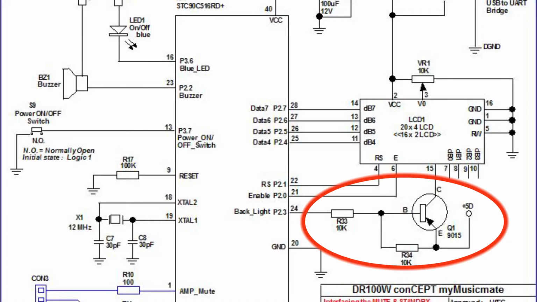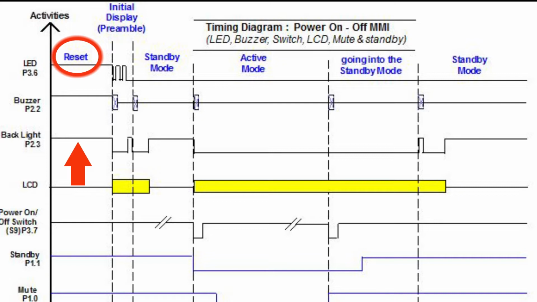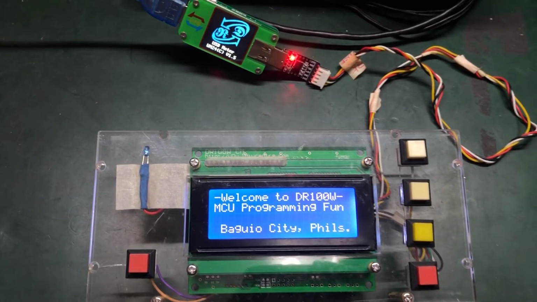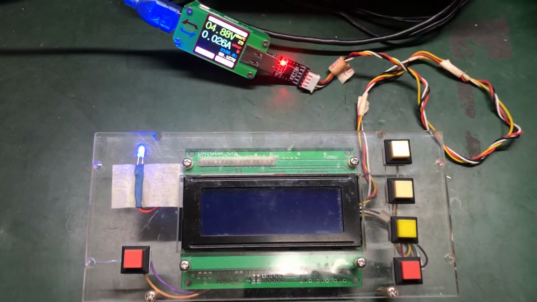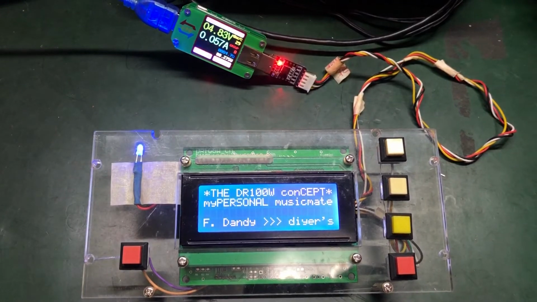The next hardware is the backlight, which is initially turned off after reset, since the 8051 micro port will initially be at logic 1. Then it is turned on by the instruction, so the display can be seen on the LCD during the initial display, or sometimes I call that the preamble display before the real standby mode.